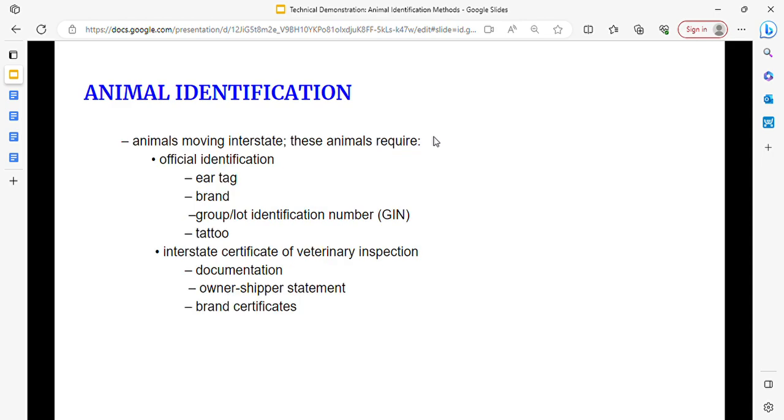Animals moving interstate require official identification, which can be in the form of an ear tag, branding, group lot identification number, which is a GIN, or tattooing. Animals that need an interstate certificate of veterinary inspection require documentation, an owner-shipper statement, and brand certificates.